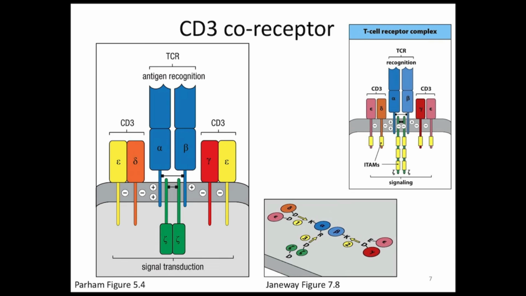So CD3 is providing 10 different sites where phosphorylation can happen to let signaling happen downstream of the T cell receptor. And we call CD3 part of the co-receptor. So now we've got a receptor and we've got a cytoplasmic tail that can be phosphorylated. We still don't have a kinase in what I'm showing you here.